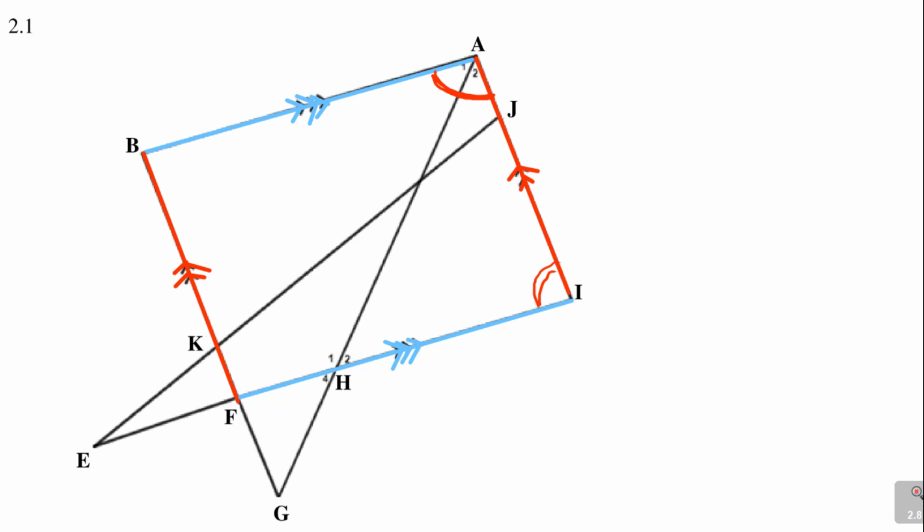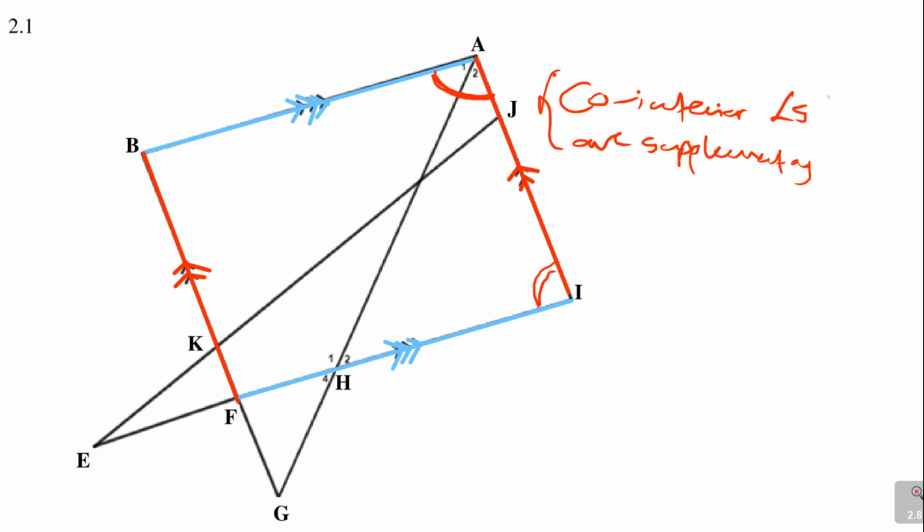Remember, we are talking about two sides now that are parallel. These angles are called co-interior angles. Are what? Are supplementary, or they add up to 180. Co-interior angles are supplementary. That's the reason that they wanted here. Co-interior angles are supplementary. Why?